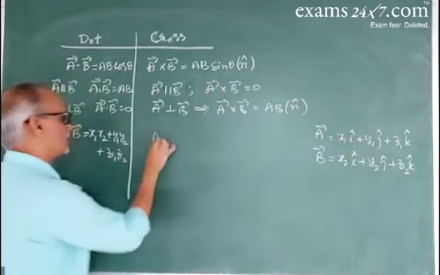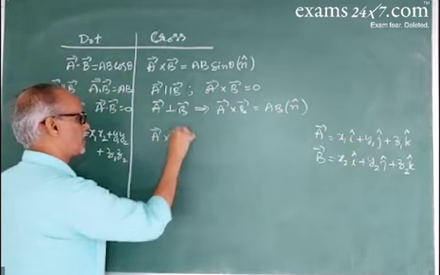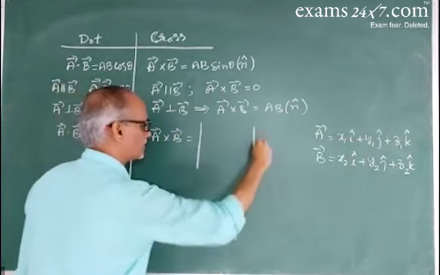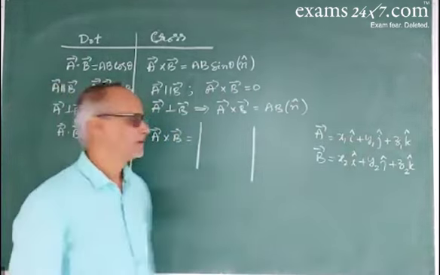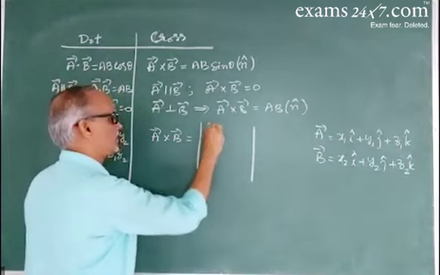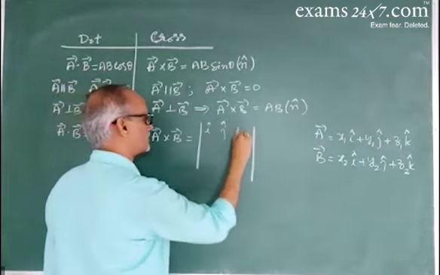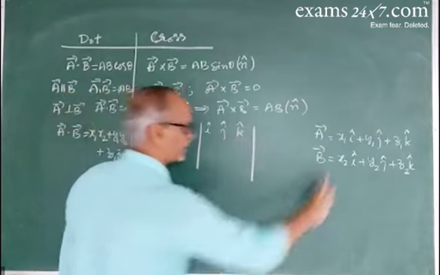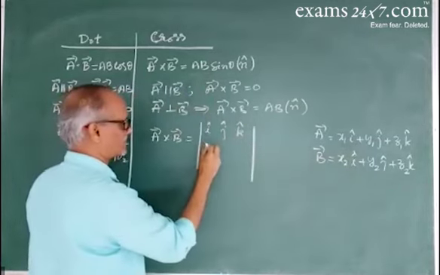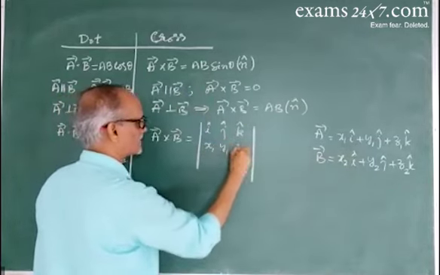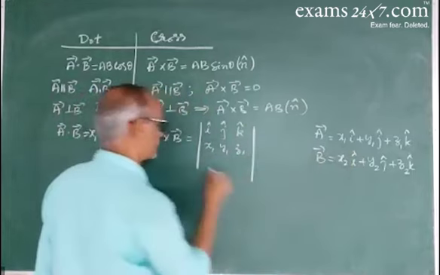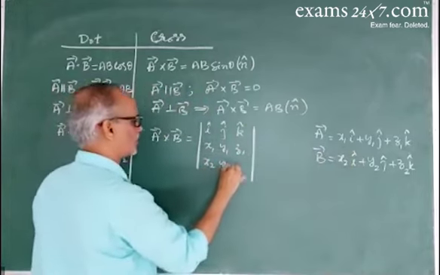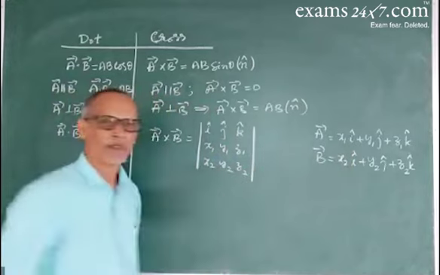Whereas the cross product can be found using the concept of determinants, where we take the unit vectors i j k, then take the coefficients of the first vector, which are x1 y1 z1, and then the coefficients of the second vector, which are x2 y2 and z2, and then simplify.